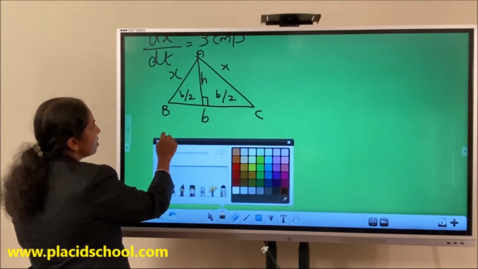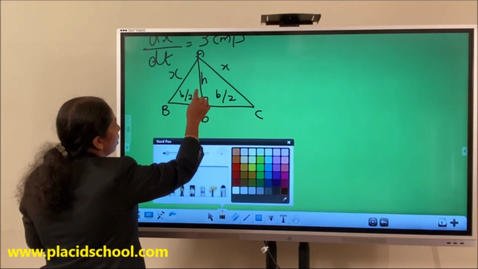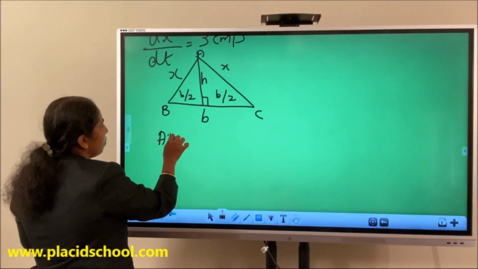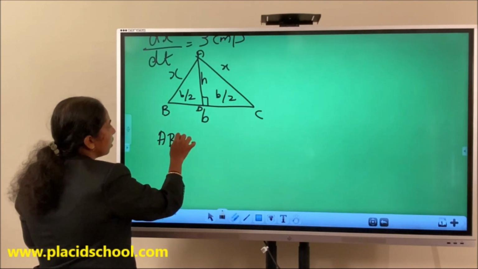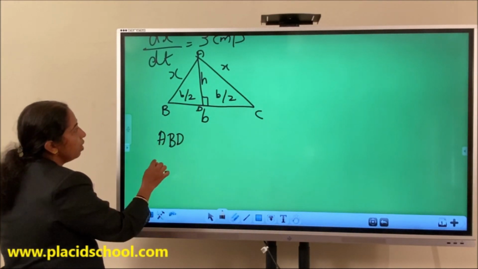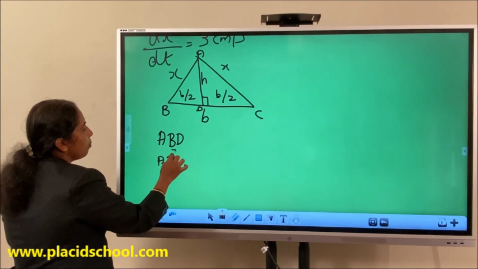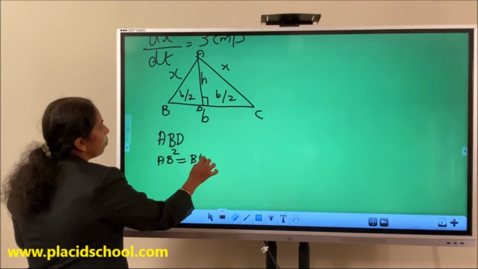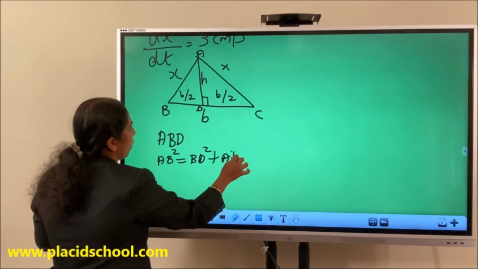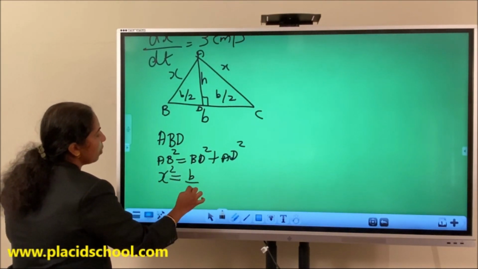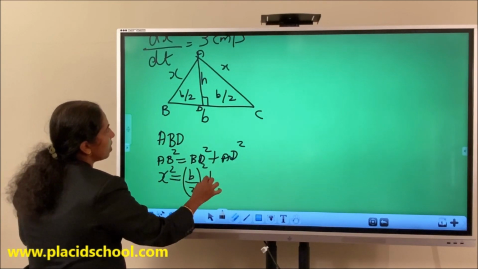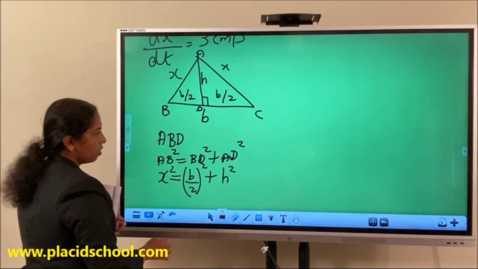Now consider this triangle ABD. From the triangle, AB square is equal to BD square plus AD square. So x square is equal to b by 2 the whole square plus h square.